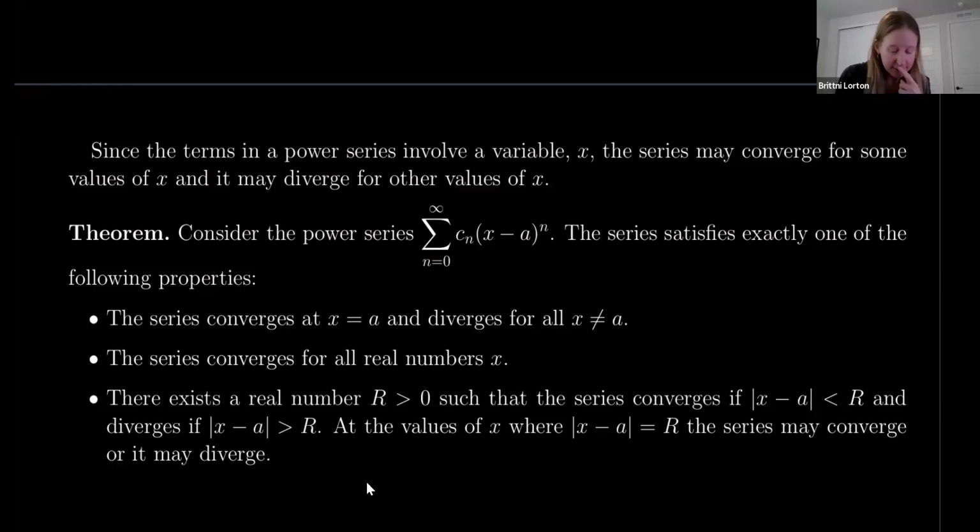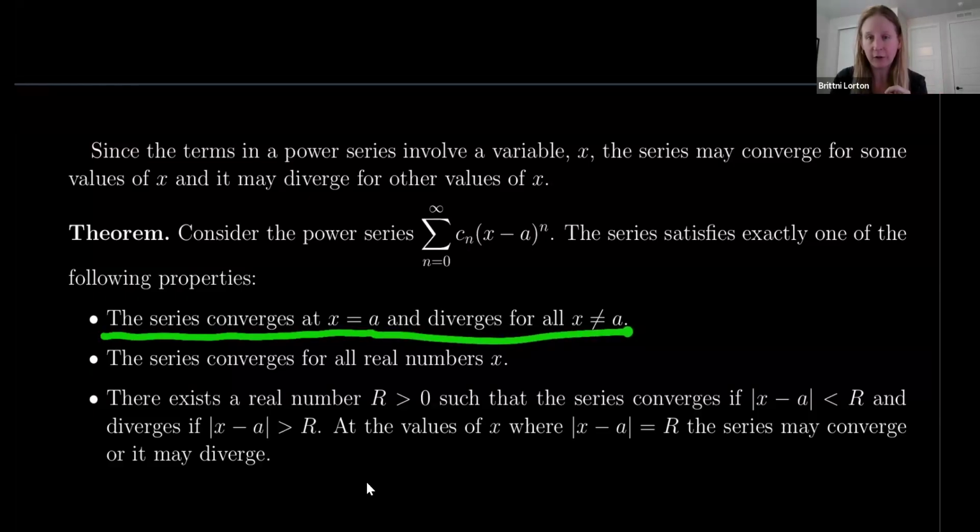So the idea is the power series, whatever it might be, either shifted to a different center or centered at 0 with whatever the coefficients may or may not be, satisfies exactly one of the following properties. Either the series converges at x equals a and diverges for everything else.